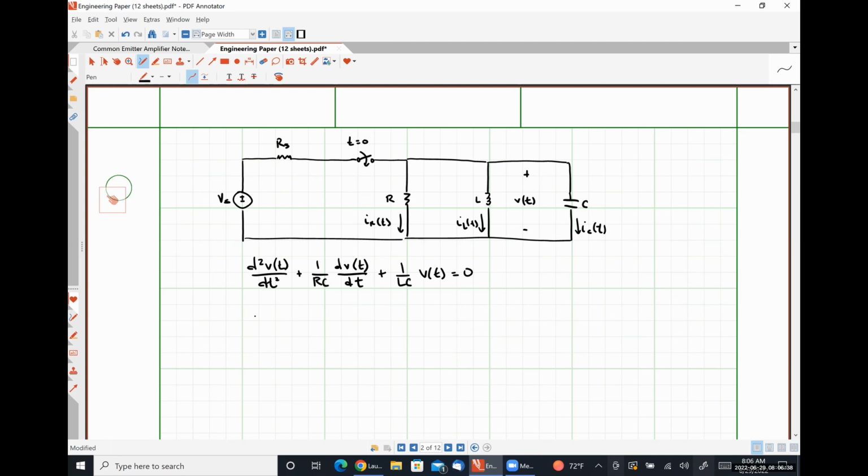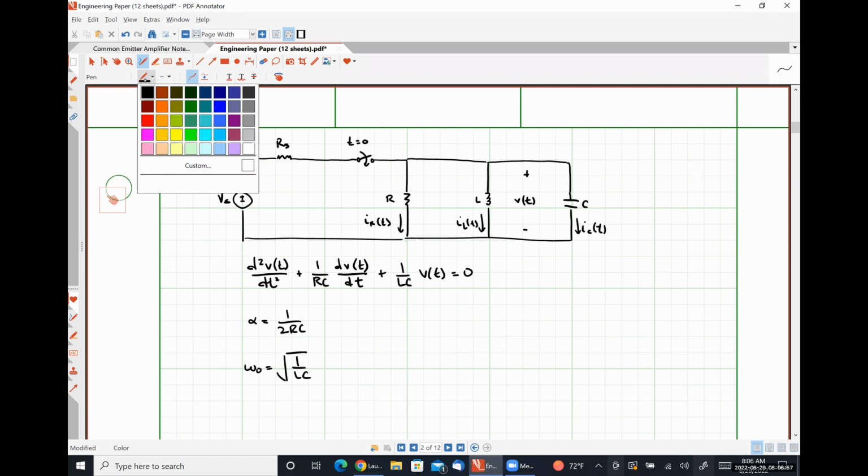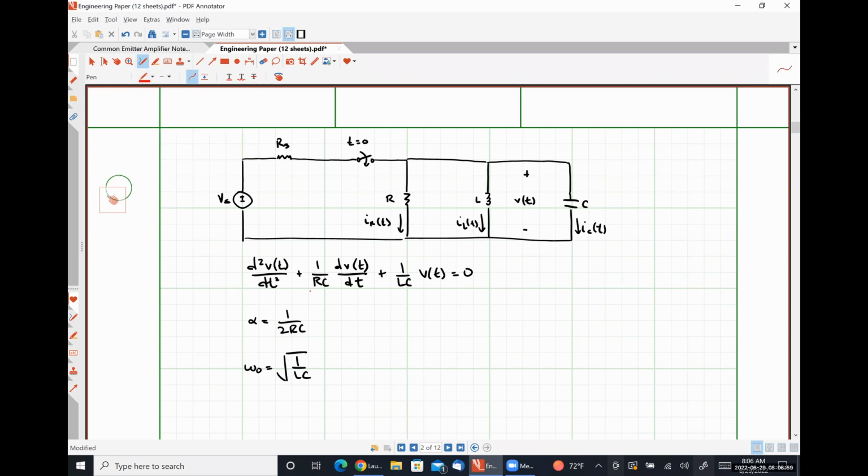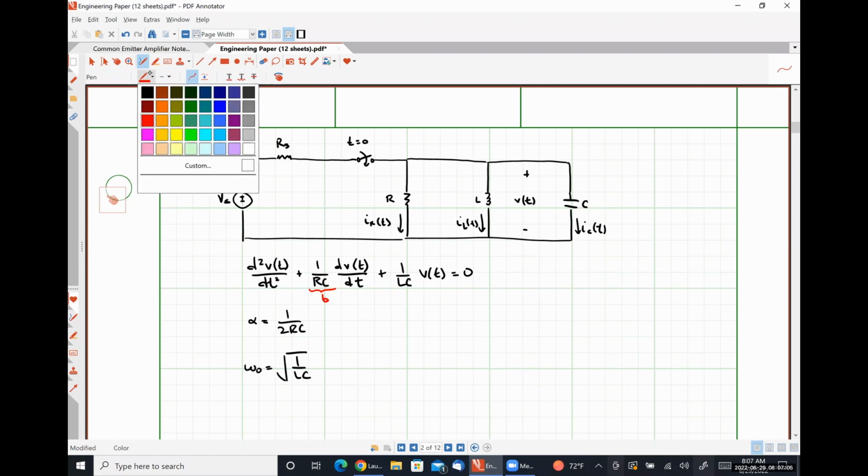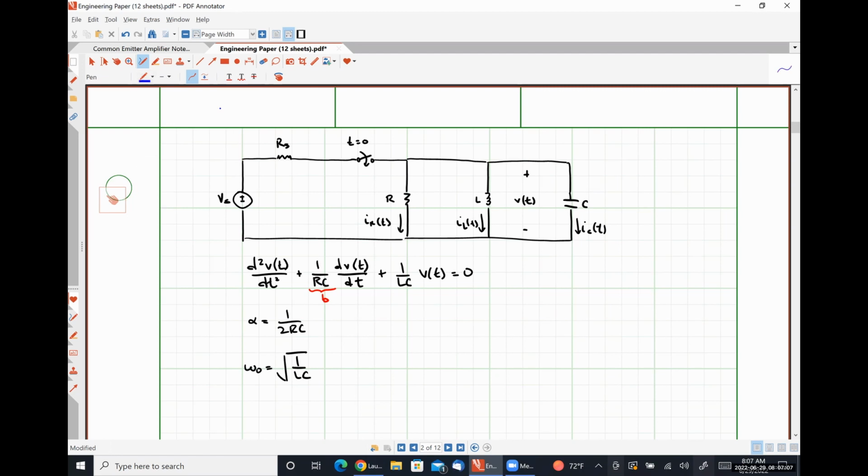And for a parallel RLC circuit, we found that alpha was 1 over twice RC, and omega naught was the square root of 1 over LC. Now, I'd like to point something out here. Let's call this coefficient right here B. So that's the coefficient of the first derivative term.